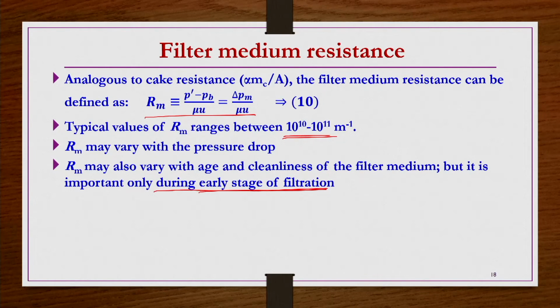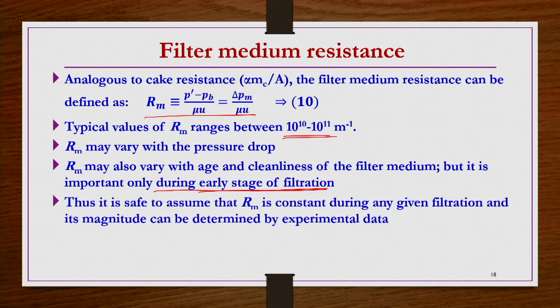Thus, it is safe to assume that Rm is constant during any given filtration, and its magnitude can be determined by experimental data. How to determine this magnitude, we are going to see.